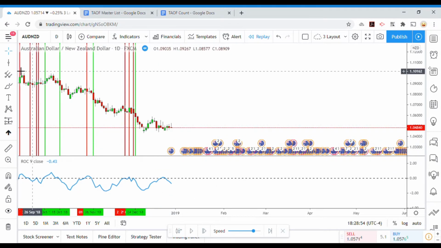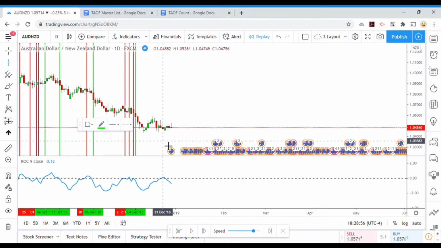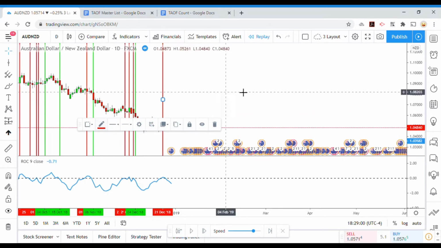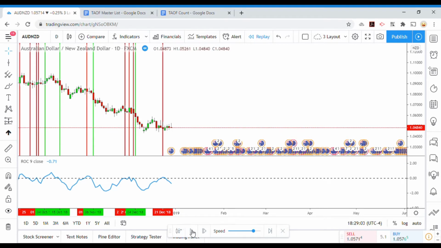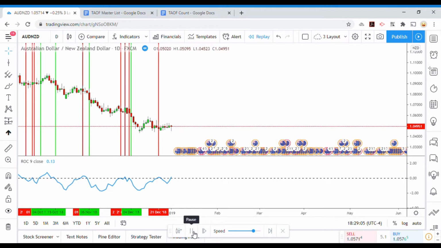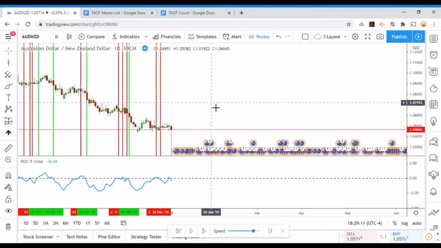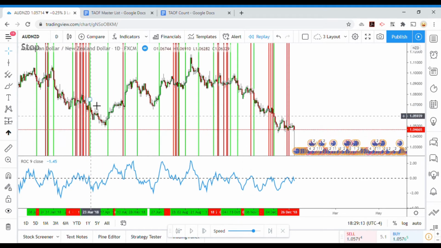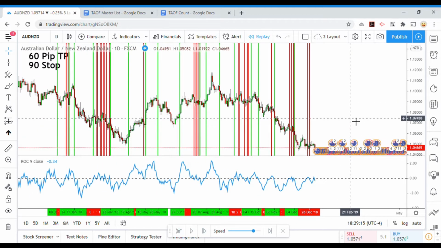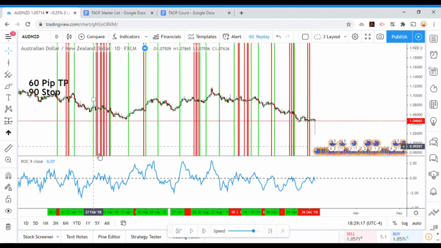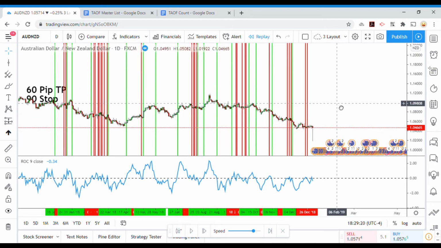It has its moments where it does really good. I mean, a good majority of the time it does really good. Then it has just these random moments where it just gets blown apart by this whipsaw in and out, in and out, in and out.